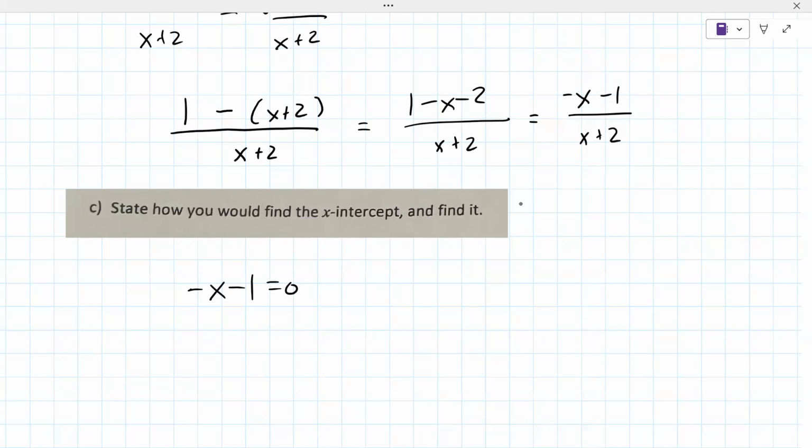Negative x equals 1. Okay. We're solving for x, so x has to be completely alone. No negatives in front, nothing else.